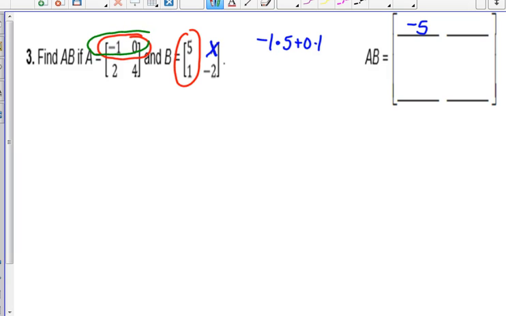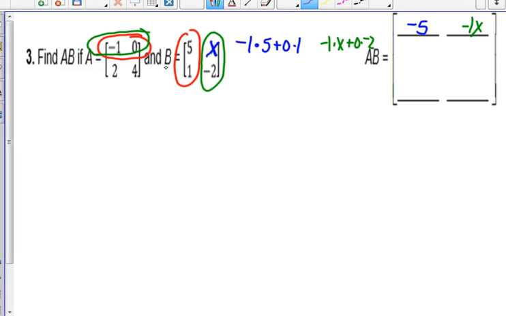Then if I do this row times this column, I'll have negative 1 times x plus 0 times negative 2, which is just negative 1x.